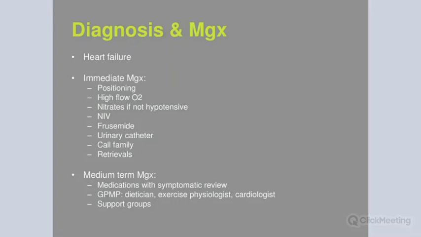For your medium-term management, you can include looking at her medications with a review of that, and even getting the pharmacist involved in doing a medication review. You can consider a GP management plan, and they might ask you what that entails, what they are entitled to.